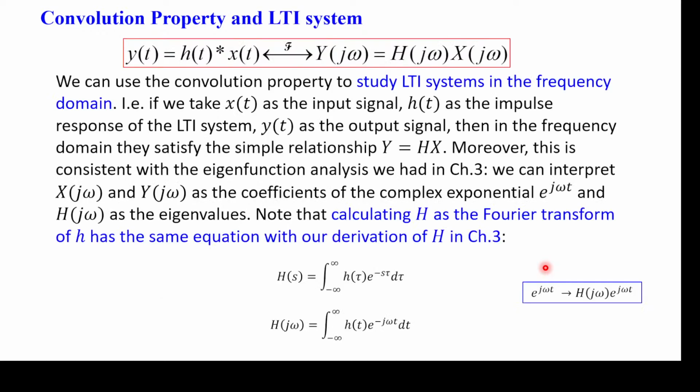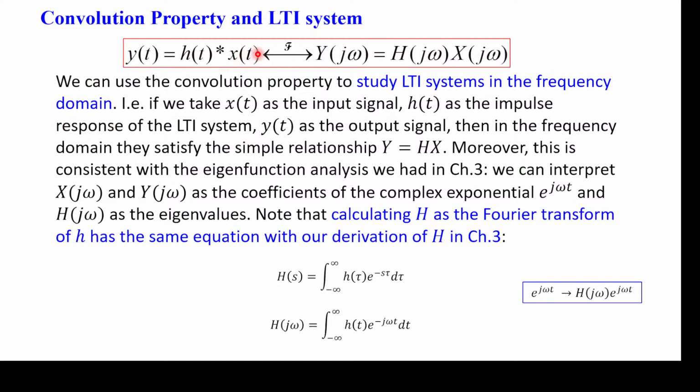And as we said, this is very important, so we leave it as the last property, because this tells us a lot about the LTI system. Because now we can think, so you see this is just like how we describe an LTI system in the time domain, right? So you can think of x as the input signal, and h is the impulse response, then y will be the output signal.